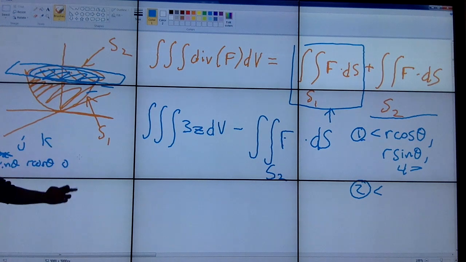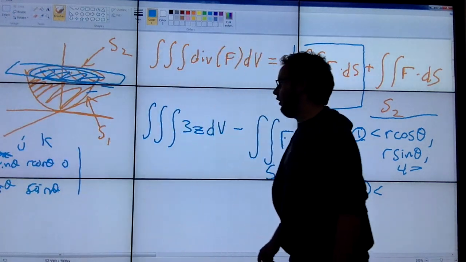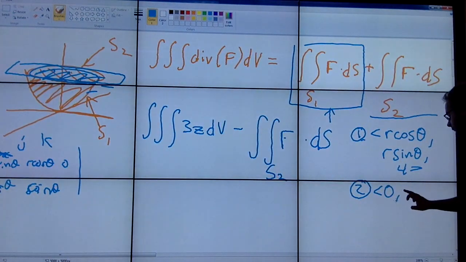Now the partial with respect to r gives us sine theta, cosine theta, sine theta. So you get r, 0, 0, r. Your normal vector of that surface is 0, 0, r.